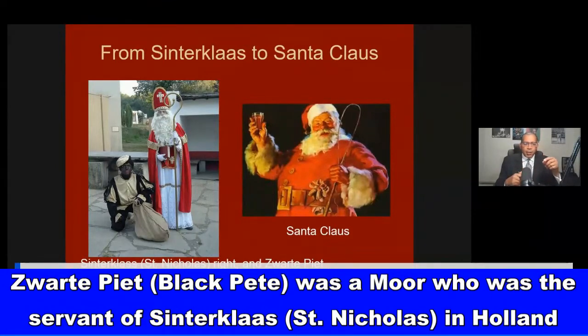Zwarte Piet means Black Pete, and Zwarte Piet was a Moor in this mythology. And they have the parade beginning in early November, going throughout the Netherlands, and they commemorate Sinterklaas and Zwarte Piet coming from Spain into the Netherlands.